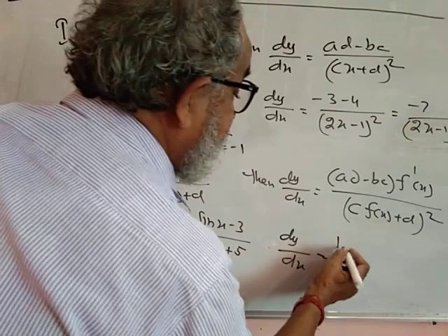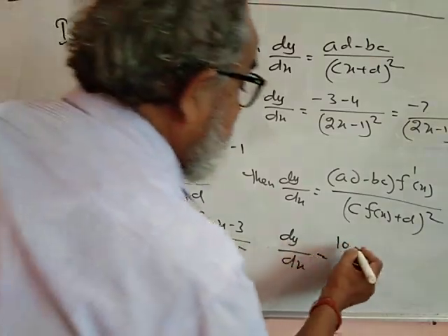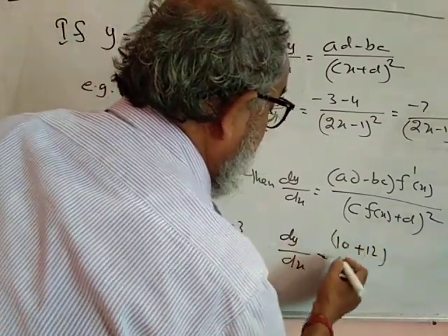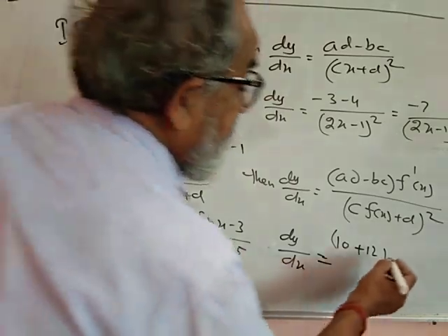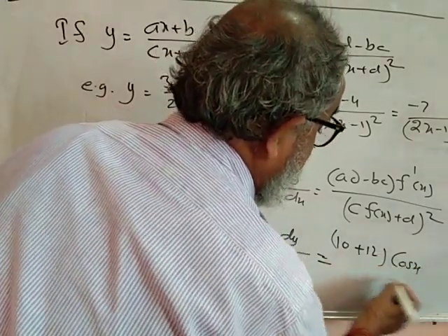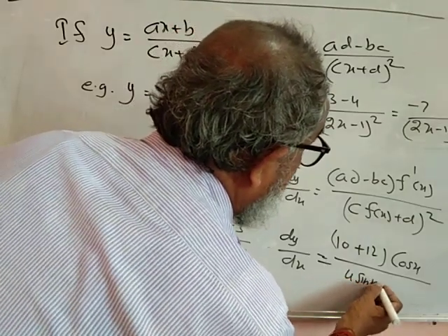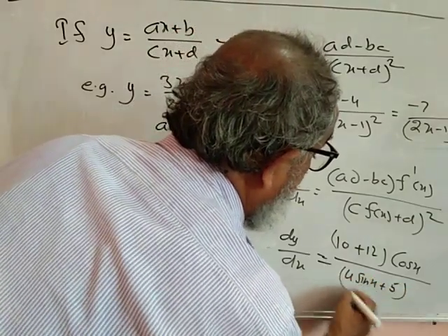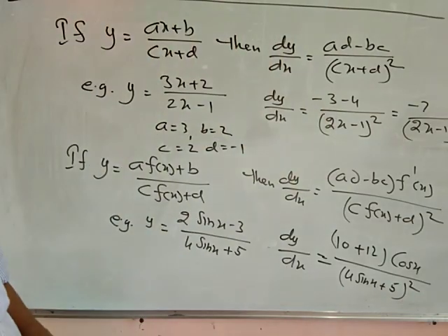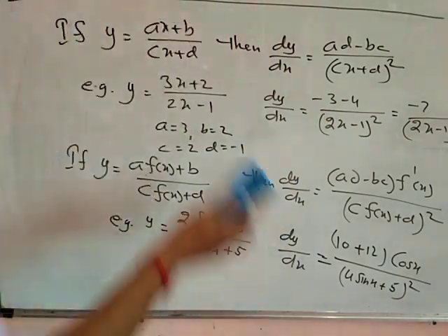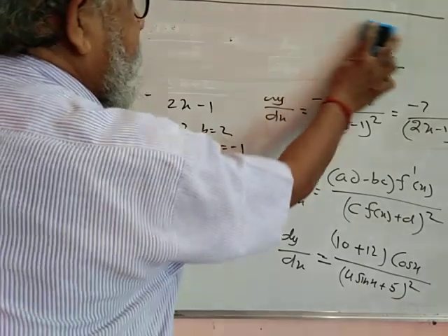So 2 fives are 10, minus minus plus 12, into f dash x. Derivative of sin x is cos x, upon (4 sin x plus 5) the whole square. So these formulas are very important and they help you a lot.